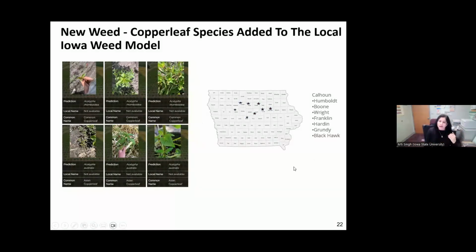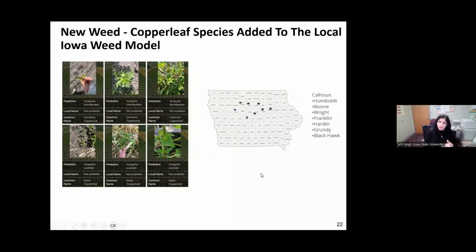And in our recent USDA project, we are trying to map these onto our county map in real time. This is what we propose, and we will be working with Megan and Wesley on how we can update these maps in real time, so that our farmers and landowners know that, hey, Asian copperleaf or rhomboid copperleaf is already in Boone or the neighboring counties, so they should be aware and look out for it.